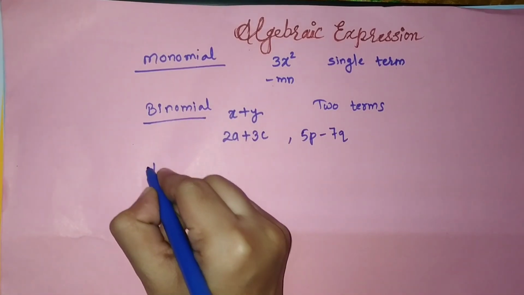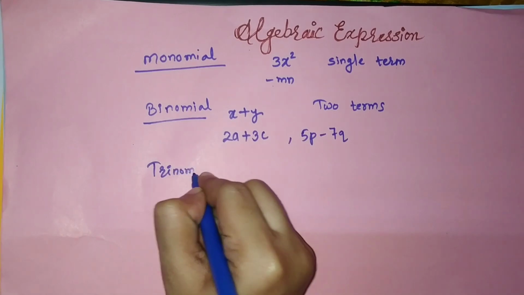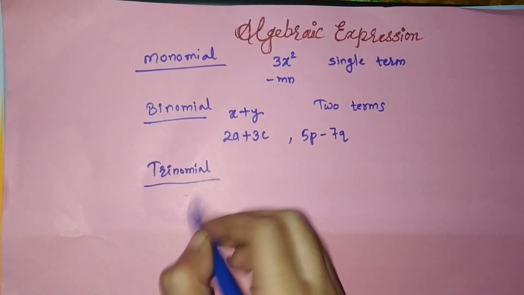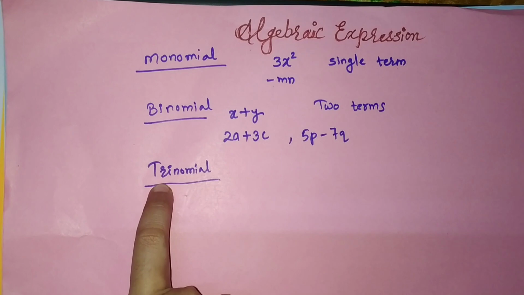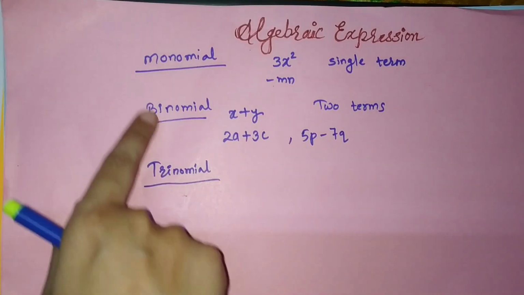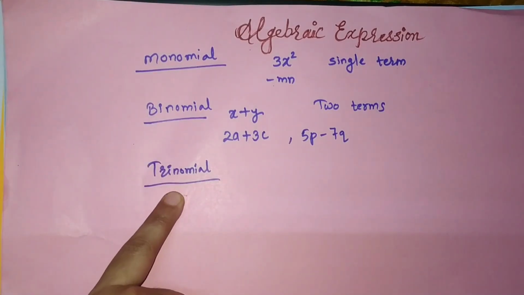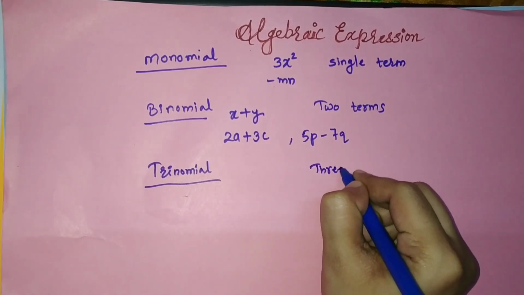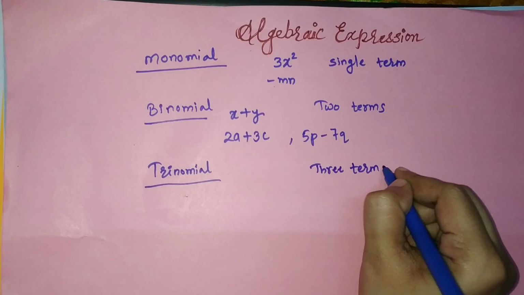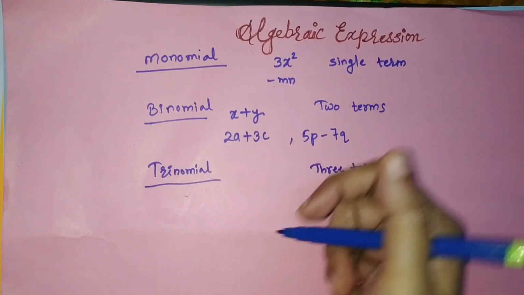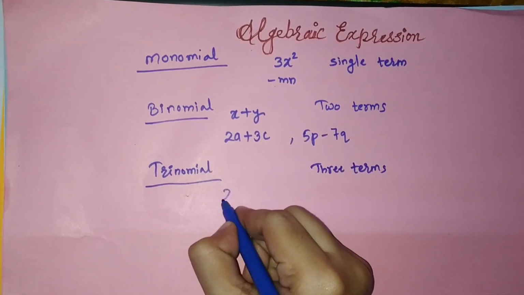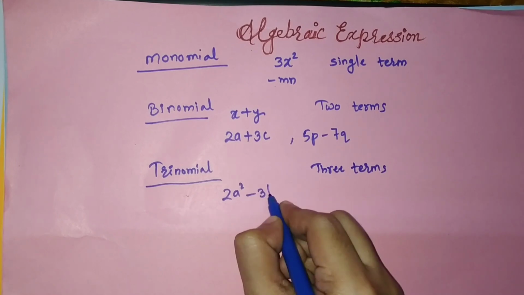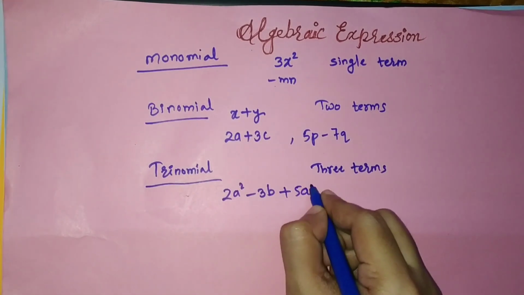Next we are having trinomial. So here tri represents 3. As mono is single, bi is 2, tri represents 3. So the algebraic expression which contains three terms, we call a trinomial algebraic expression. For example, you can see here 2a square minus 3b plus 5ab.